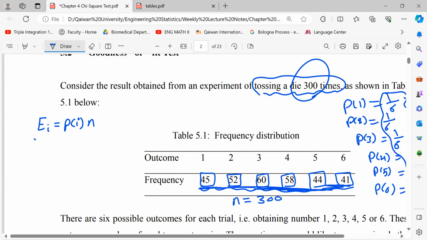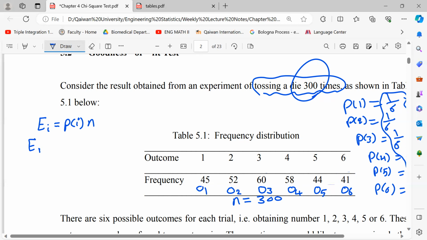We are given the observed frequencies for all the outcomes. This is O1, the observed frequency for 1, this is for 2, for 3, for 4, for 5, and this is for 6. We must have the expected frequency for each of these, so we need to find E1, E2, E3, up to E6.